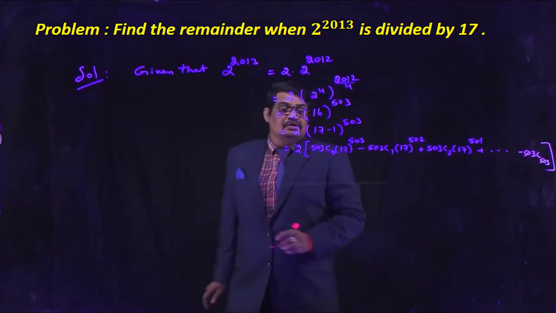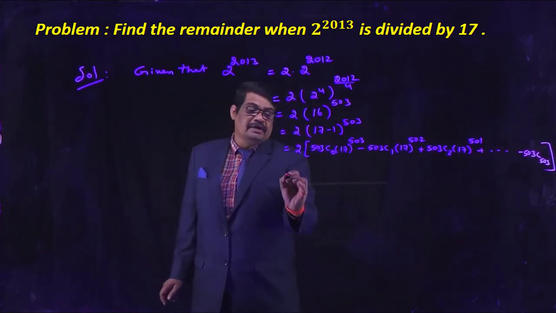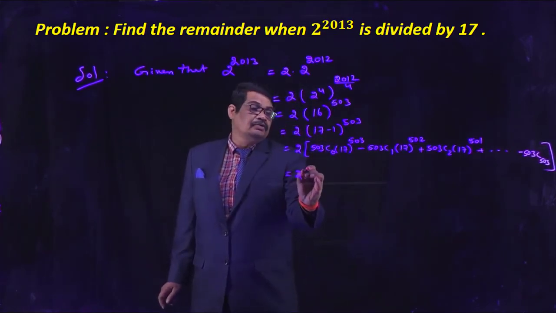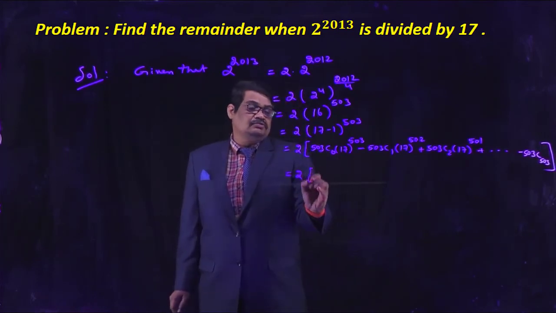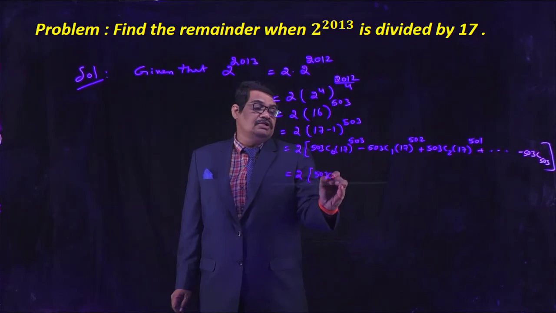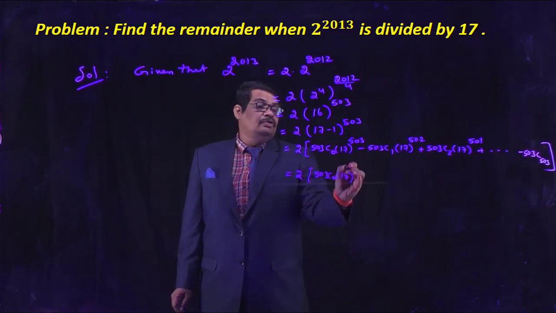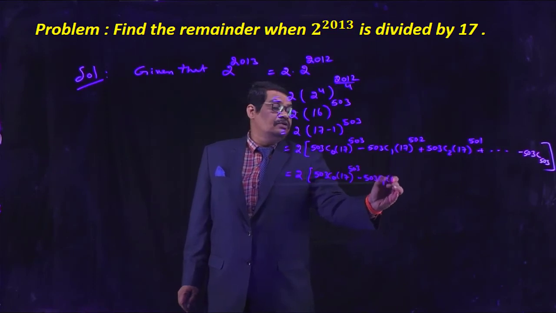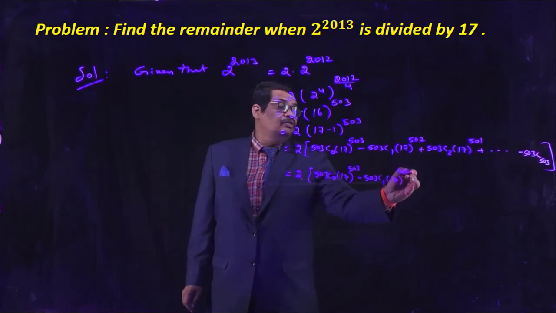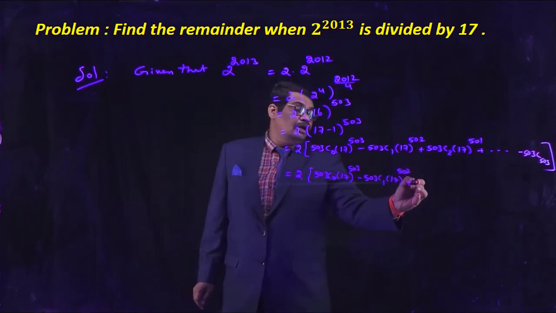Now this can be written as 2 into 503 c naught 17 to the power of 503 minus 503 c1 17 to the power of 502 and so on.